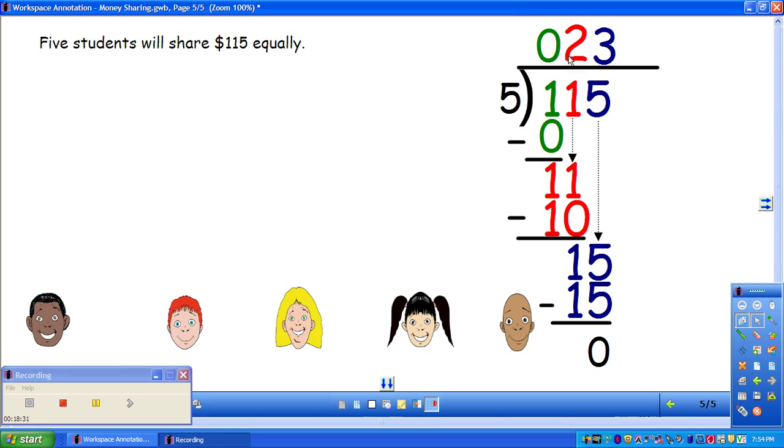Everyone would get 2 $10 bills, because that will use up 10 of the 11 tens that I actually have. It leaves 1 $10 bill left. We do not have enough there to share. We need to then decompose into ones, and now we have enough ones to share, so everybody gets 3 ones, leaving none at the end.